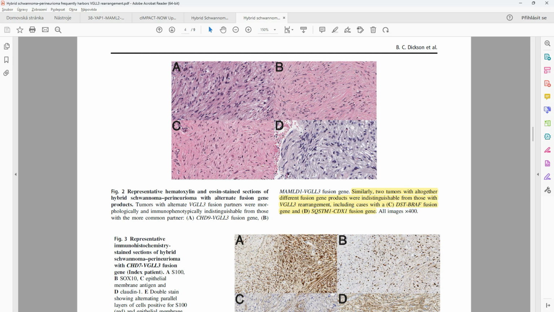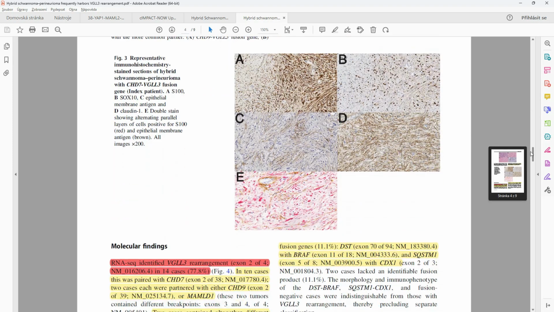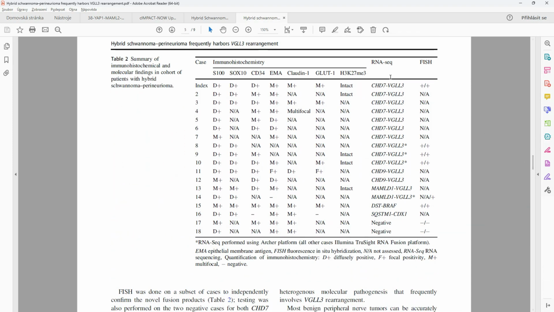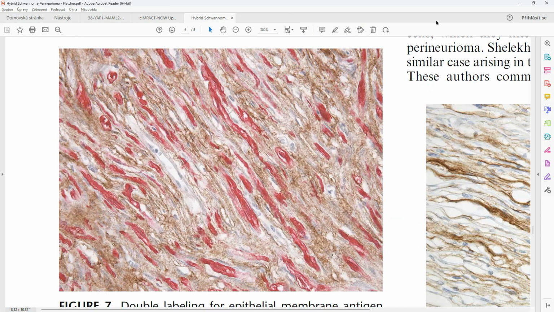There are NF1 mutations in a few. There are TRAF7 mutations in a subset. But these hybrid schwannoma perineuriomas typically have CHD7, VGLL3, and some other fusions. So VGLL3 fusions can help you if you need to confirm your assumption. Okay, so completely benign tumors.